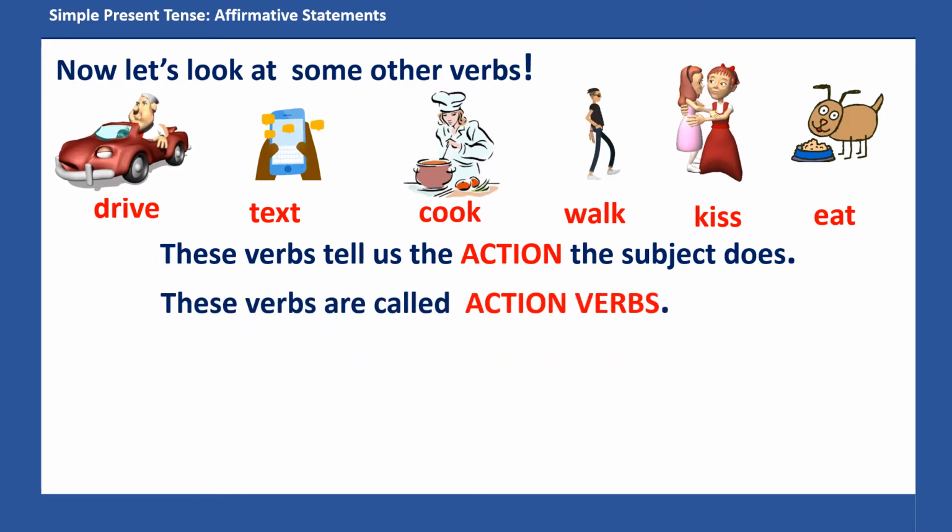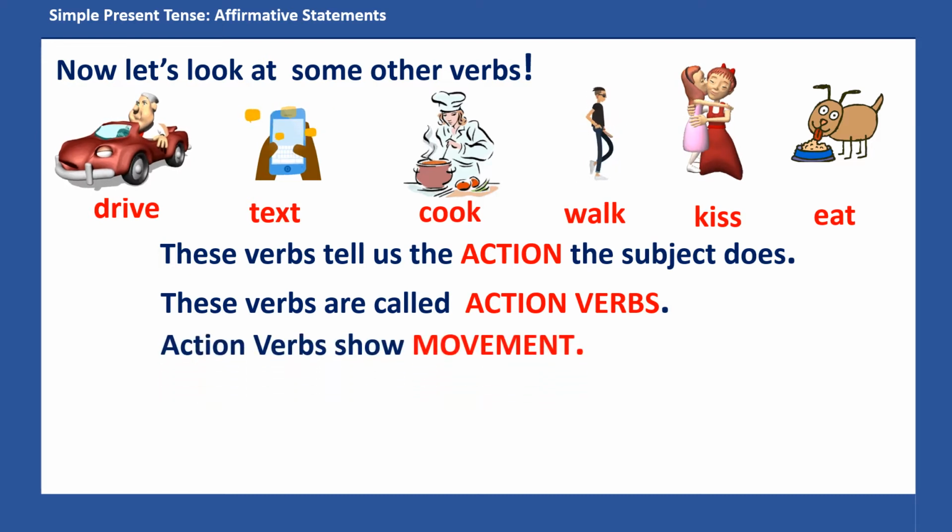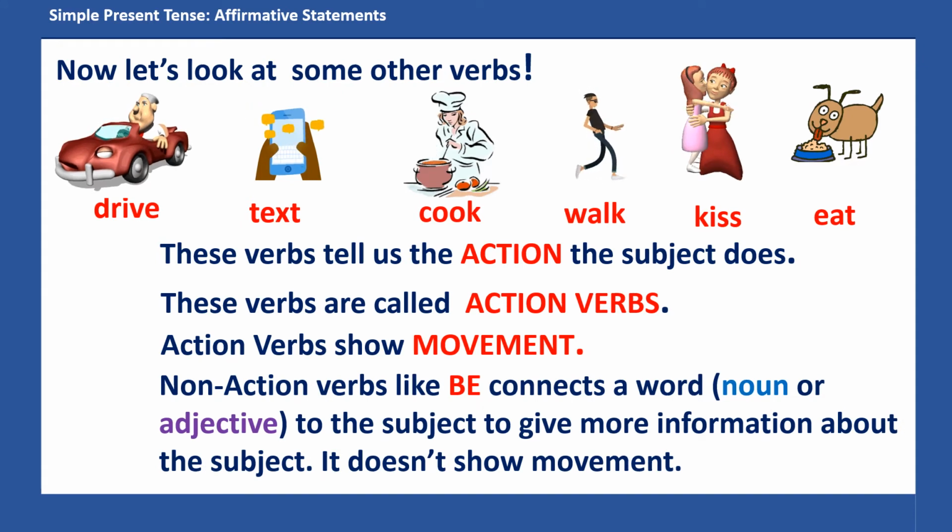So these verbs are called action verbs. Action verbs show movement. These are not the same as the verb to be, because non-action verbs like be connect a word, noun or adjective, to the subject to give more information about the subject. It doesn't show movement.